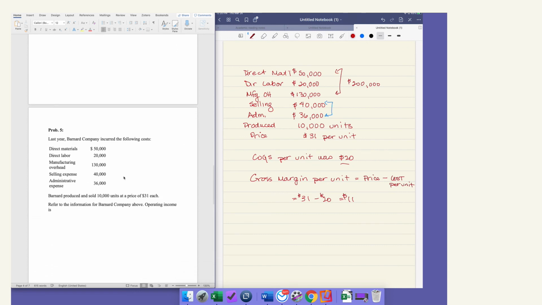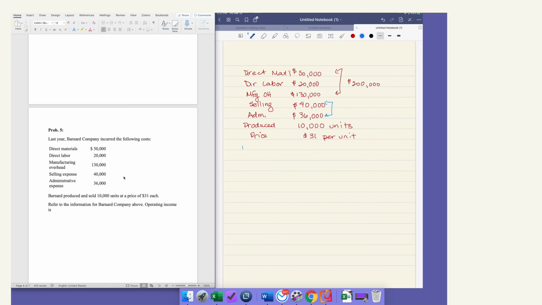Okay, now we need to figure out operating income. Okay, so let's erase this stuff down here. Now, first of all, in order to calculate operating income, we need to remember what operating income is. So I'm going to make a different color pen. Let's set up an income statement to remember what operating income is.